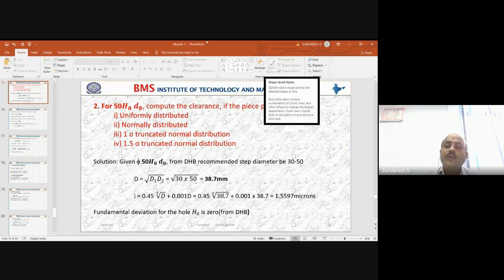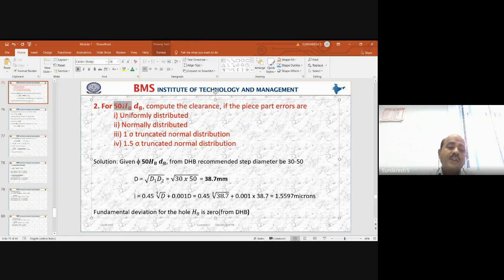So when you just look at this 50 H8D8, can anybody tell what this indicates?